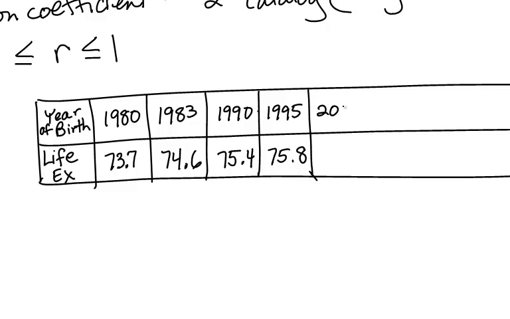For 2000, 76.8. And for 2006, 77.7. Okay, so that's the data that we're going to use.